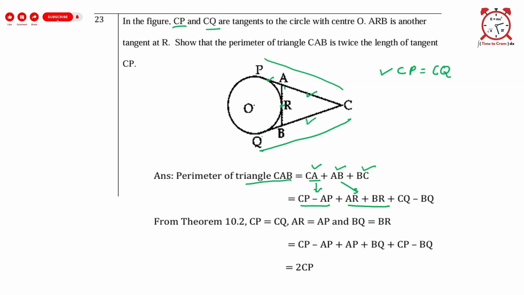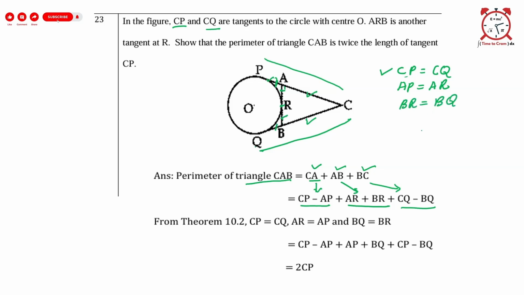So from CQ if we subtract BQ, then we will get BC. Same procedure here for BC. Now, this fact: CP equals CQ, and here you can also see these tangents are equal, means PA equals AR, AP equals AR. Same way here BR equals QB, or BQ.